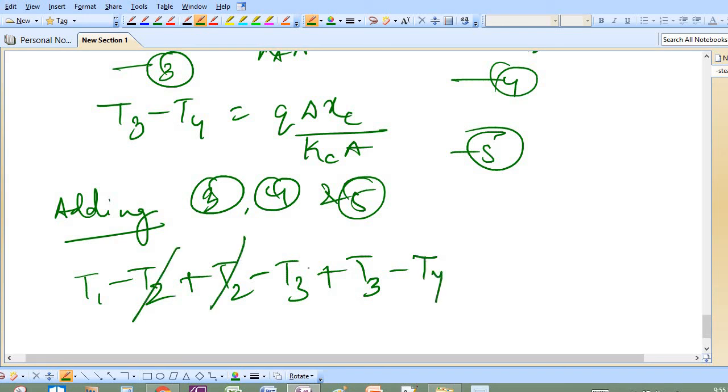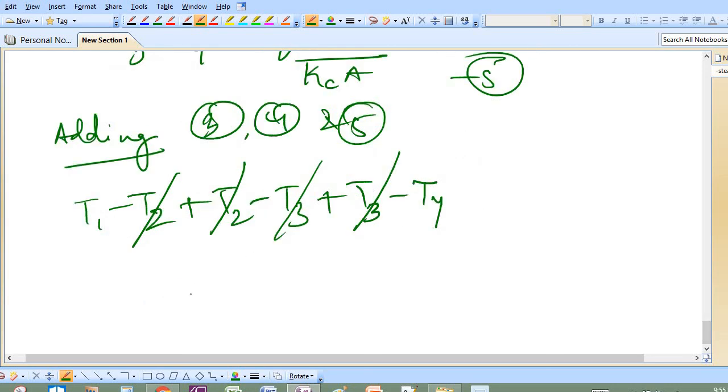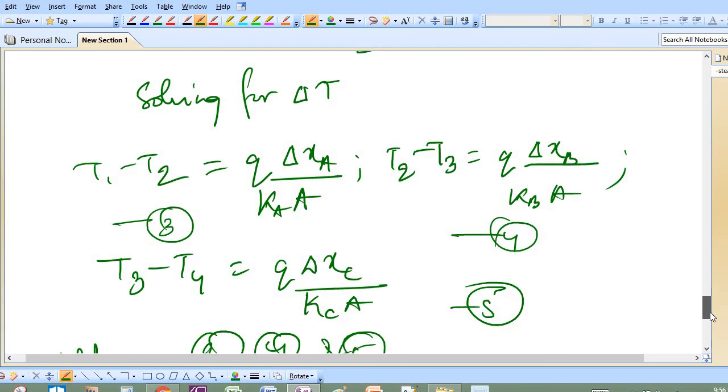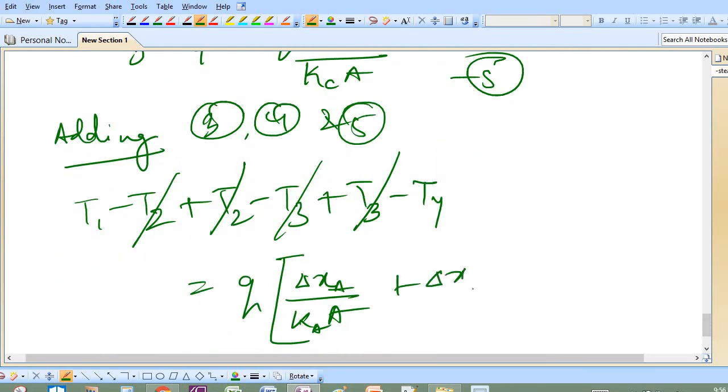Minus T2 plus T2 cancels out, minus T3 plus T3 cancels out, we are left with T1 minus T4. So this equals, we take Q common here, delta X A by K_A plus delta X B by K_B A plus delta X C by K_C A.